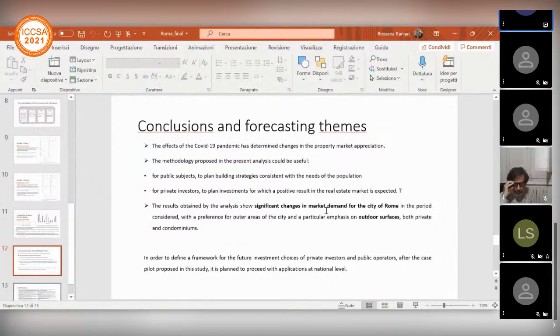The results obtained show that there are in itinere significant changes in market demand, and we plan to check, as soon as possible, the post-COVID assessment.